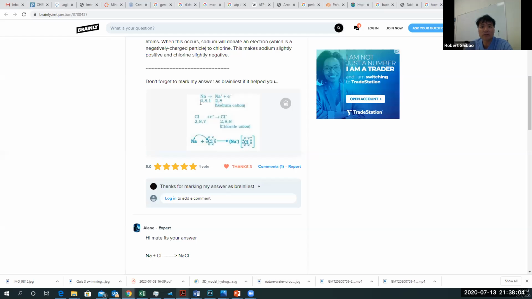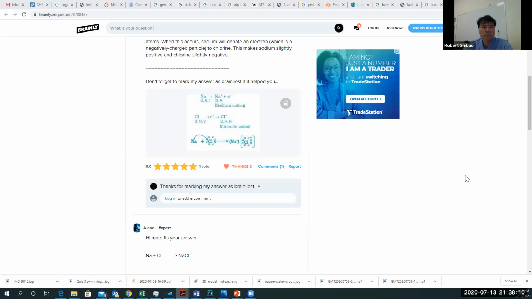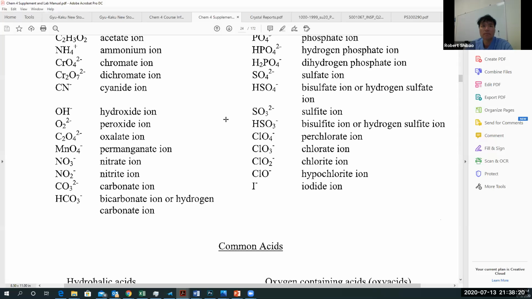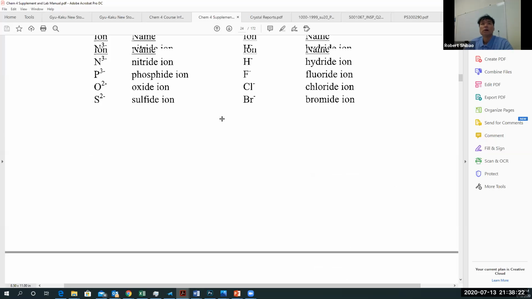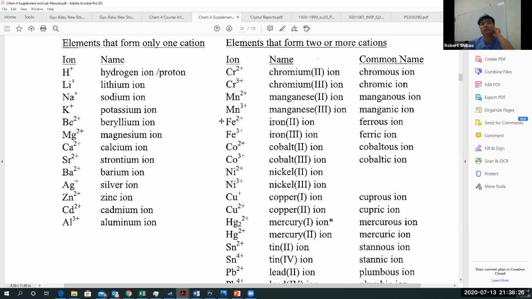The practice I want to do is, first off, let's do the practice from the supplement. All right, these ones we get from the periodic table. These are fixed charge guys over here.